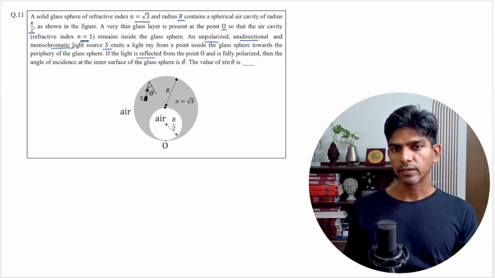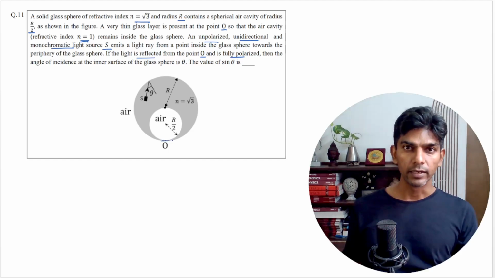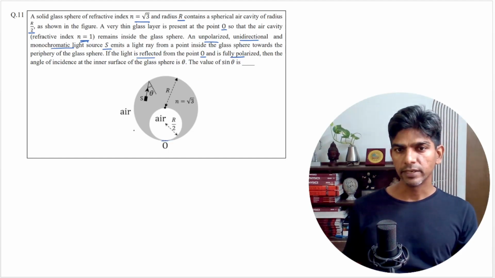If the light is reflected from the point O and is fully polarized, so it means whatever light is being released by the source ultimately ends up at O, and at O, after reflection, we are getting fully polarized light. So it means it is hitting this interface at O at the Brewster angle, and we know that if it is hitting at the Brewster angle, then tan B is equal to, in this case, mu of the denser over mu of the rarer, right?